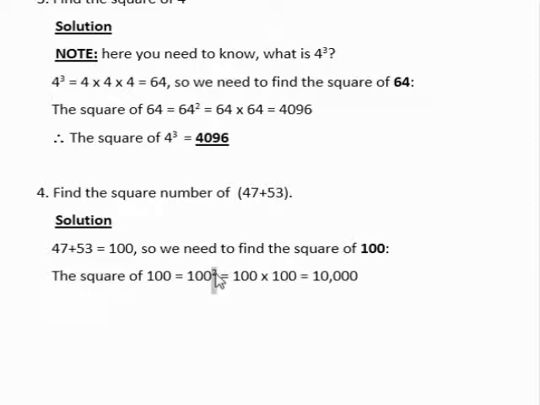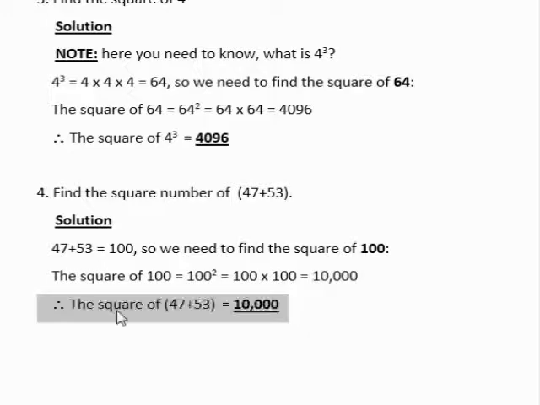When you find the square of a number, put power 2, then expand: 100 times 100. The answer is 10,000. We have not put 100 in the answer because our question was not about 100, it was about 47 plus 53. Therefore, the square of 47 plus 53 is equal to 10,000.